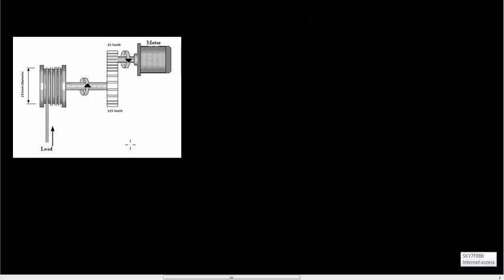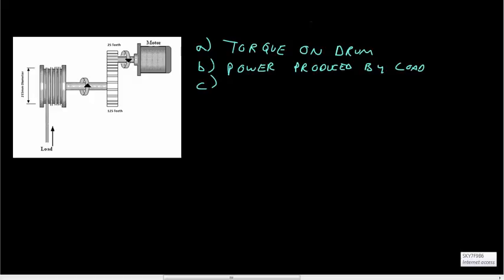So 5 things we've got to find. First thing they want, torque. Calculate the torque acting on the drum. Second thing we need to find, power produced by the load. The speed of the drum, and it specifies in revs per minute.